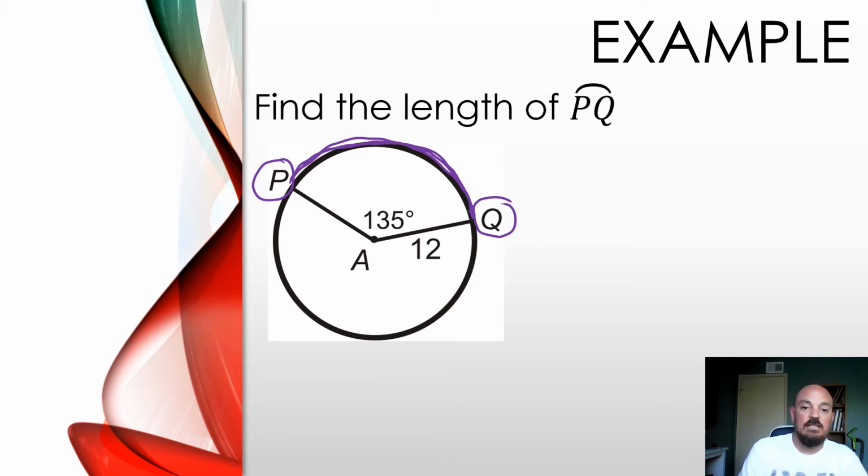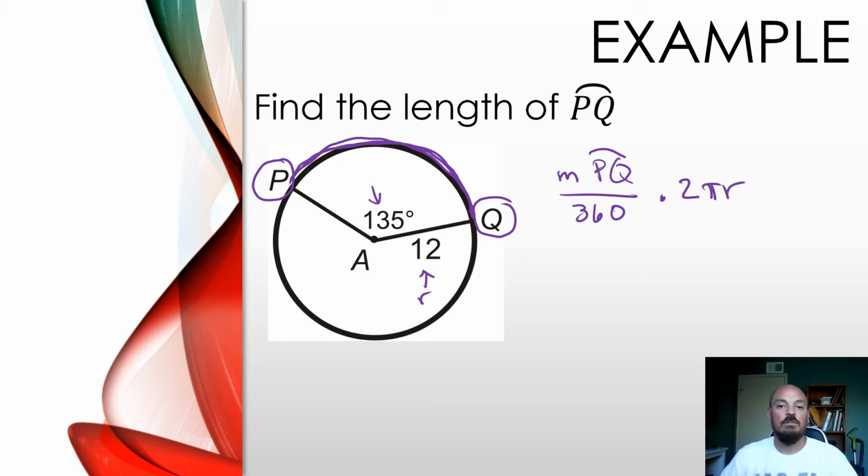Now I have everything I need. This is the same as the arc measure, 135 degrees, and this is the radius. So the measure of arc PQ divided by 360 times the circumference, which is 2 pi r, will give me the arc length.